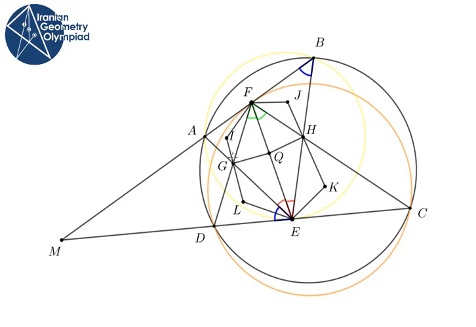And because IGQ is 90 degrees, because GI is exterior angle bisector of FGE, then IL is parallel to FE.